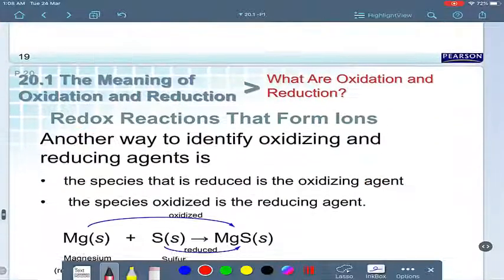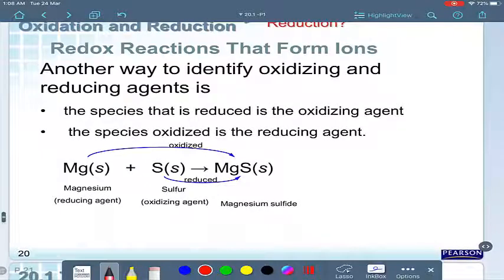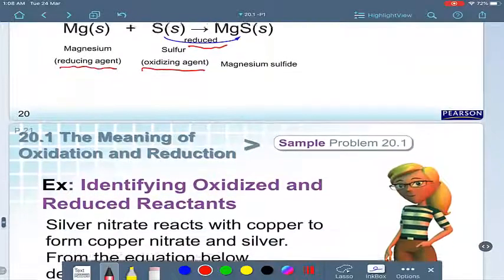You got that? Look, magnesium and sulfur. Magnesium oxidized here, as I said, so it's the reducing agent. Sulfur reduced because it gains electrons, so it's the oxidizing agent. This is the meaning of oxidizing agent and reducing agent.